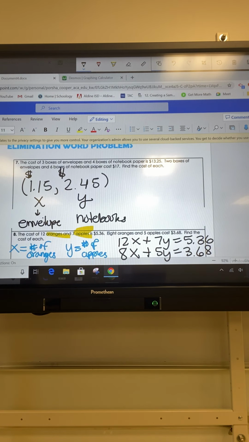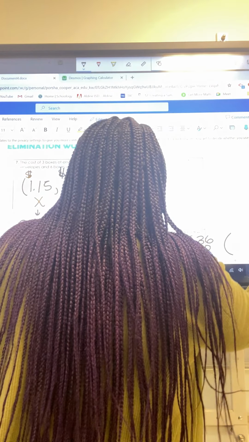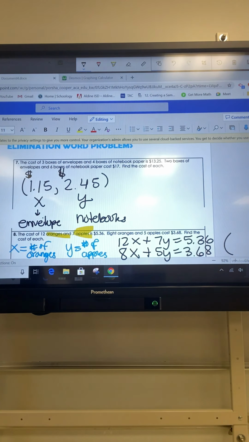And so again, once we have those 2, then you can go back to Desmos, plug that in and find the solution. So go ahead, pause the video at this time and do that. Plug those 2 in, see if you can find the cost of the apple and the cost of the orange.